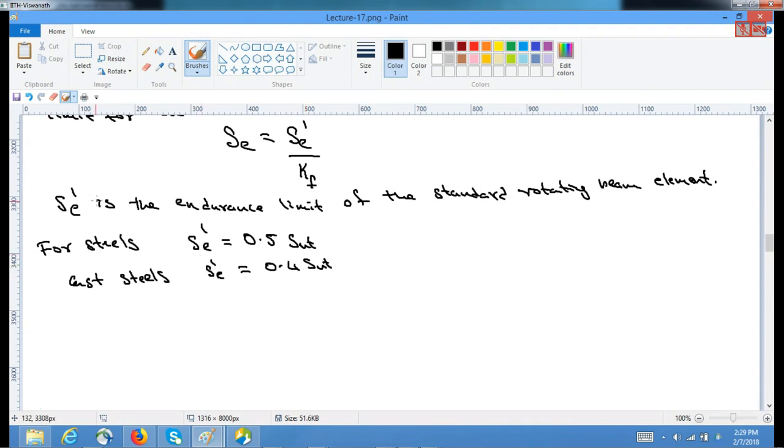Now this is the Se kind of value which can be obtained from the ultimate tensile stress.